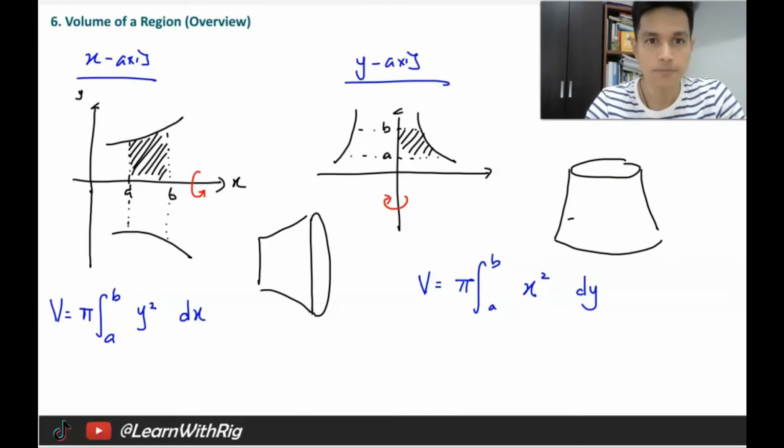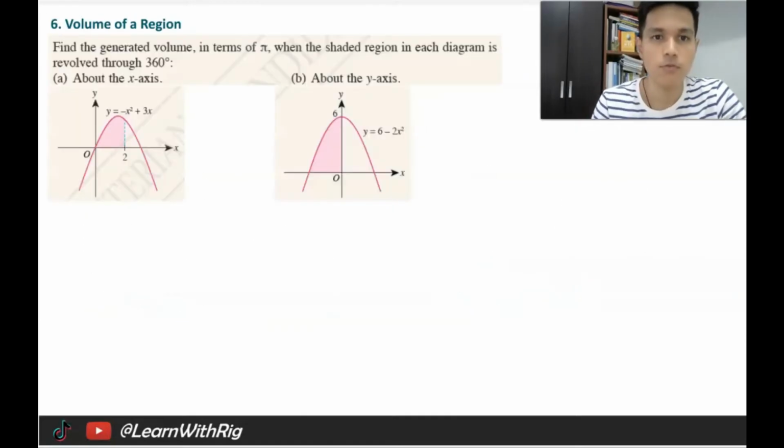Let's see. Find the volume generated in terms of pi when the shaded region in each diagram is revolved through 360 degrees around the axis. So how do you find this? You can see that you're going to rotate around the x-axis, right?